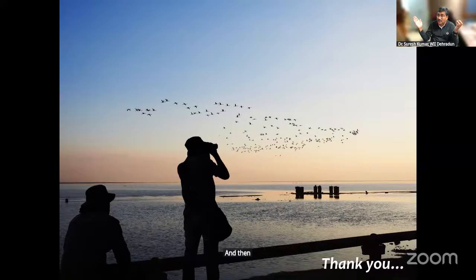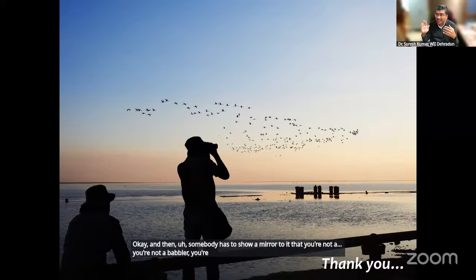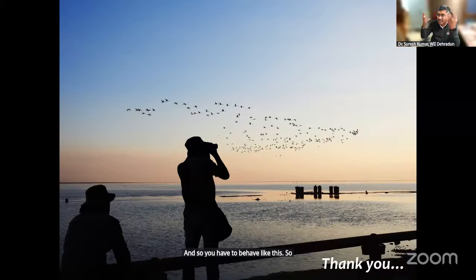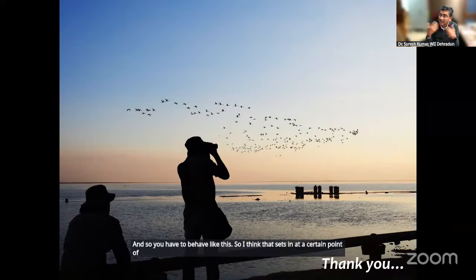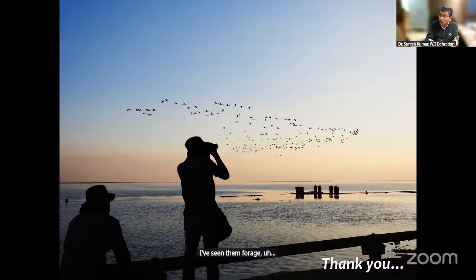And then you would notice that the cuckoo chick is kind of lost. It doesn't know why my parents just shooed me away. And then somebody has to show a mirror to it, that you're not a babbler, you're a cuckoo, and so you have to behave like this. I think that sets in at a certain point of time. And then they start to, I've seen them forage, find their own food.